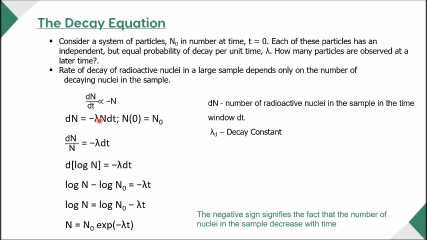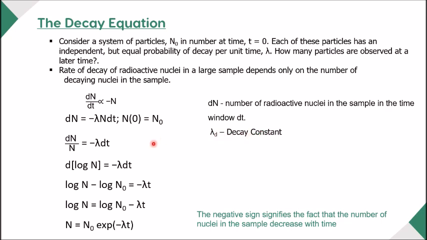If you analyze and get the value of the decay constant, you can understand how much decay is possible within a time frame. N of 0 is called N0, the number at time t equal to 0. Here you can represent it in terms of lambda, the decay constant, though sometimes lambda is also used for wavelength.